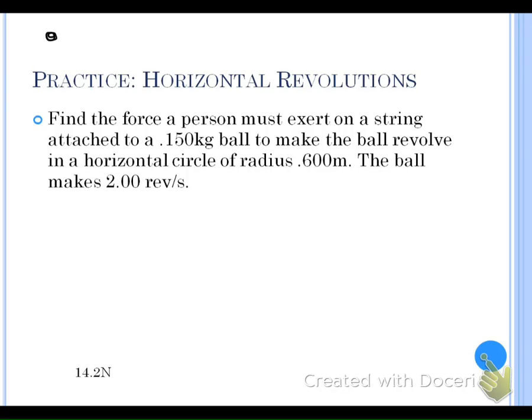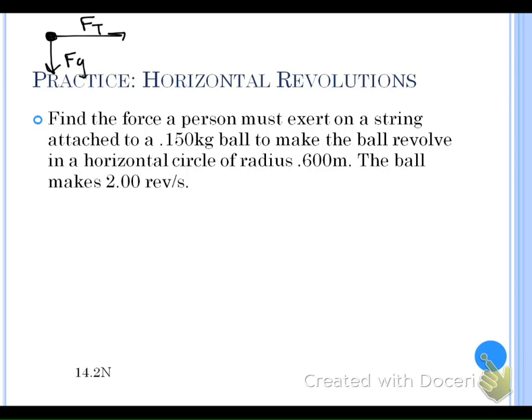But our basic free body diagram looks something like this. We have our object, we have gravity pulling down on it, and we have a force of tension, which is the string attached that's moving it in that circular path. So that's what our free body diagram looks like. Force of gravity is pulling down on the object, force of tension is what's keeping it upright.